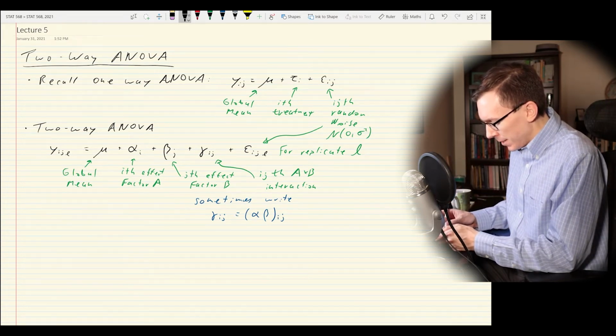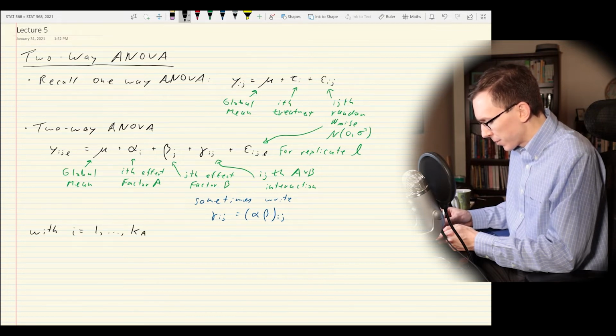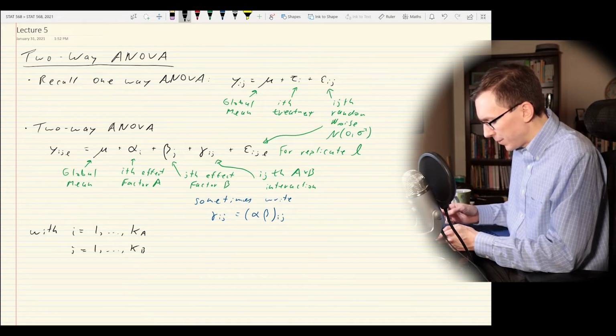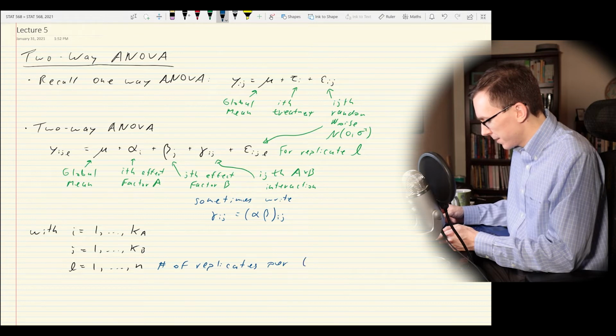So here we have I going from 1 to Ka, which is the number of levels in factor A, J going from 1 to Kb, the number of levels in factor B, and L going from 1 to n, where this is the number of replicates per treatment.